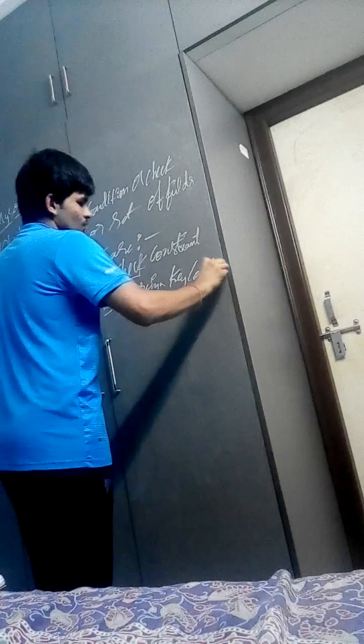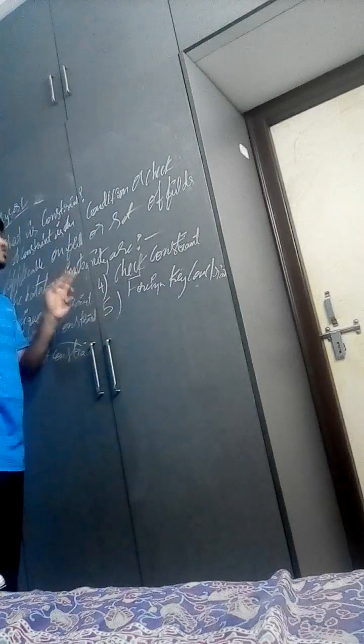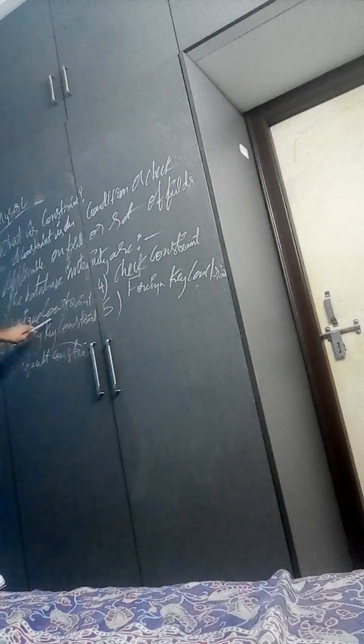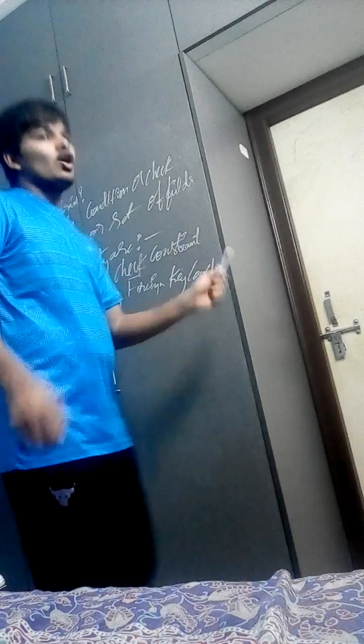And these are for the integrity of the database. First the unique constraint, second the primary key constraint, third the default constraint, fourth the check constraint, and fifth the foreign key constraint.